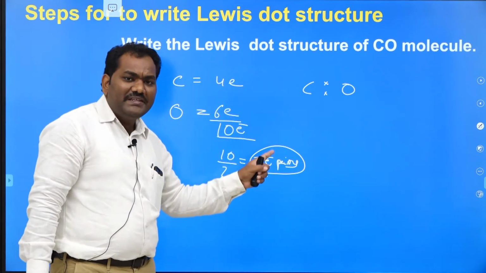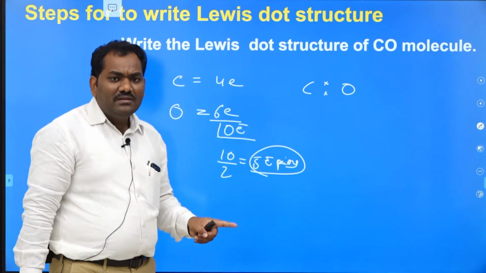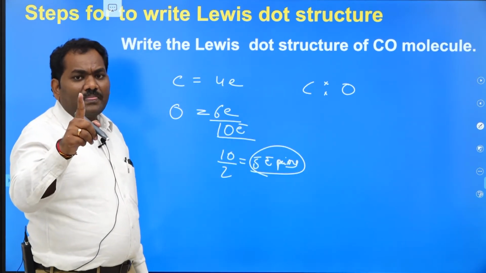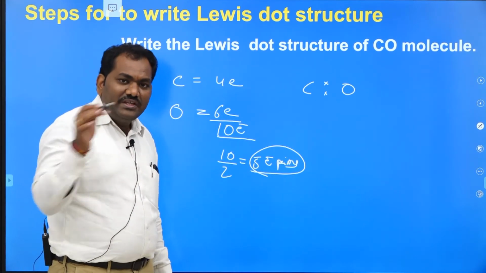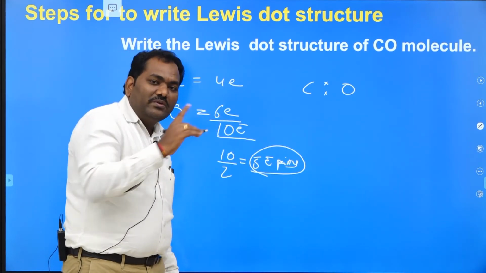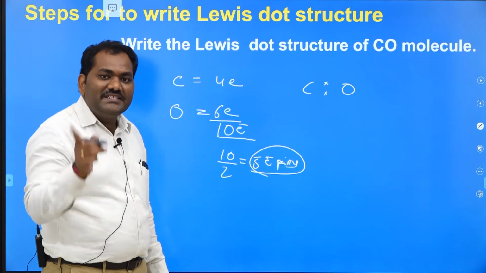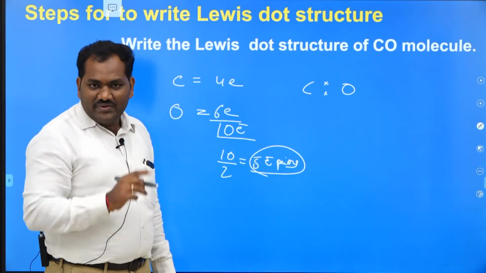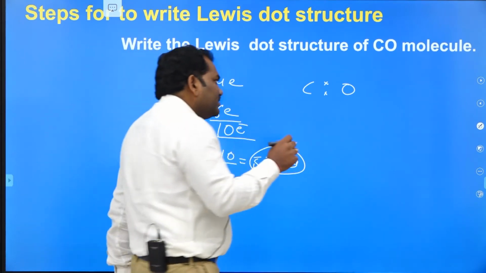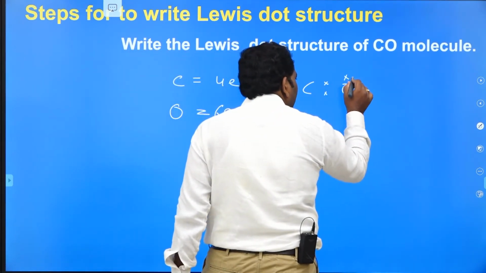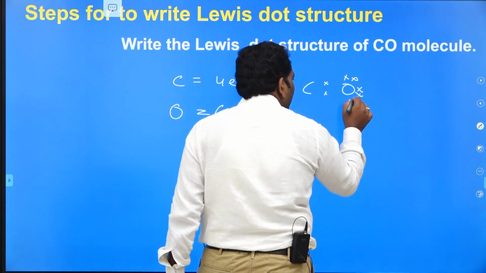The remaining pairs are distributed first to the more electronegative element, until it gains octet configuration. Due to this, first we distribute the electrons on oxygen like this.